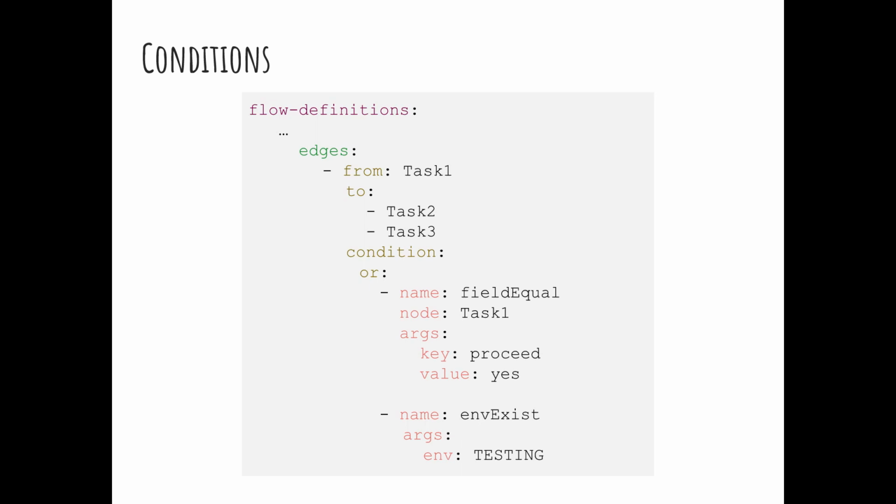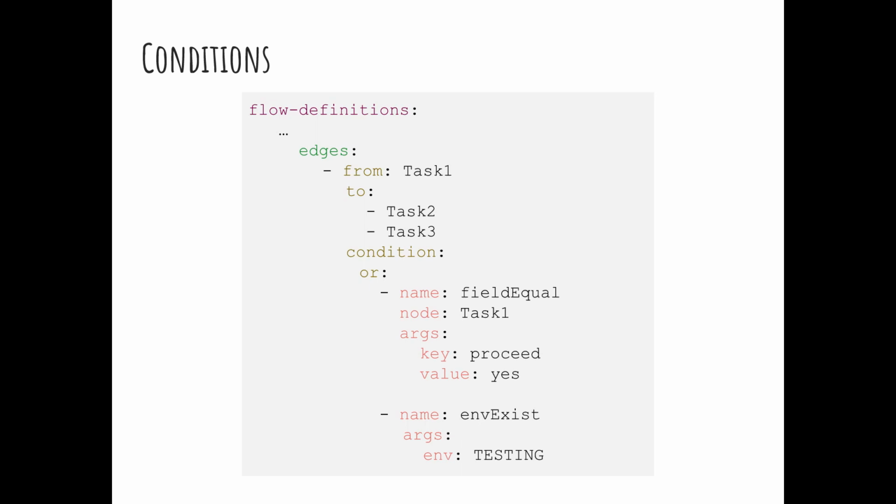This is the field equal check. And then if that is not true, we also check the presence of an environment variable, and if the environment variable named testing is set in our deployment, then we proceed to task 2 and task 3. So this condition can be grouped using Boolean operators such as or, and, but there is also supported not.